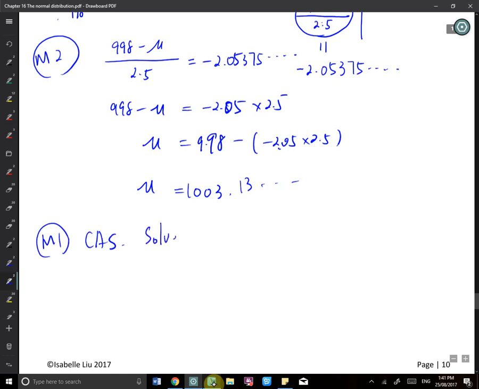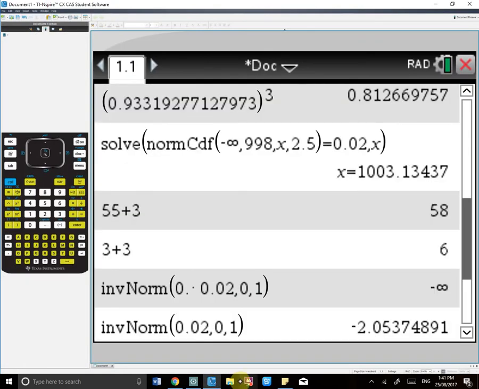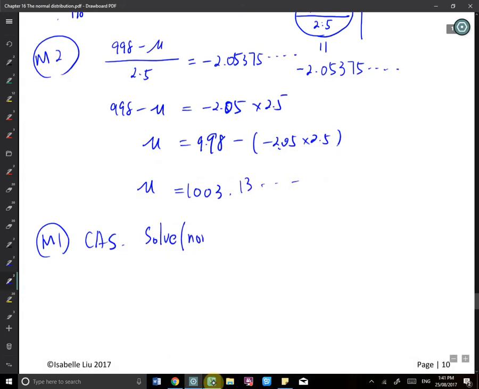Again, do not write like that. I want to show you what we have done, so do not write this on your paper. If it's by calculator, just directly write the answer. Do not show the calculator syntax. Solve for normal CD: NormCDf with the area from negative infinity to 998, x and 2.5, equals 0.02, solve for x.